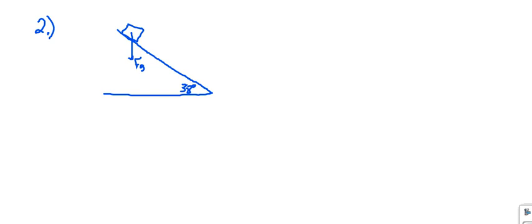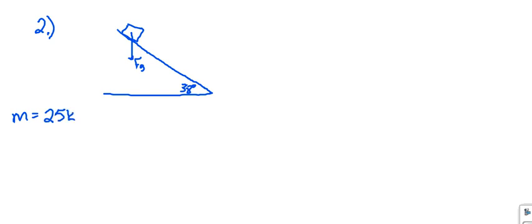Okay, so we're working on number 2 on this practice test, and it talks about this hill that's at a 30-degree angle from the horizontal, and there's a wooden crate on it, and that wooden crate has a mass of 25 kilograms.